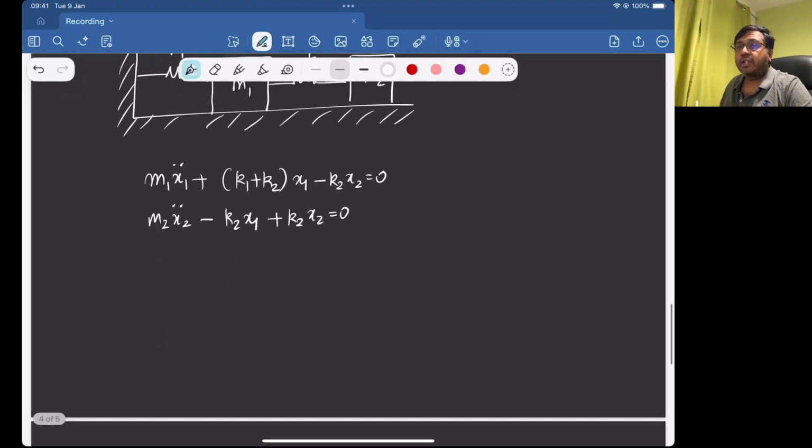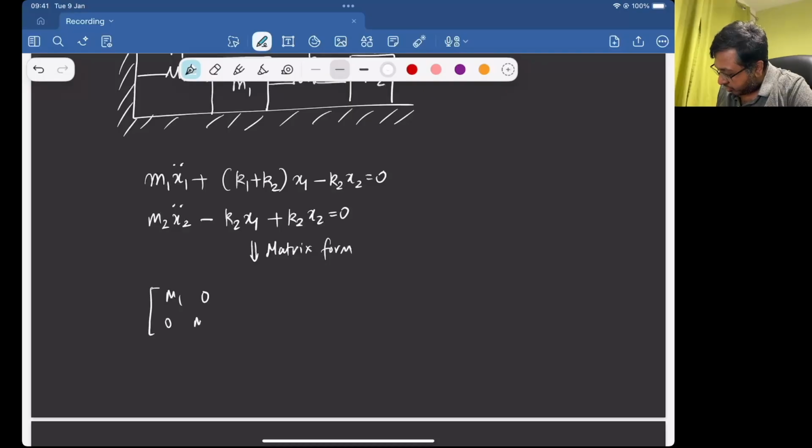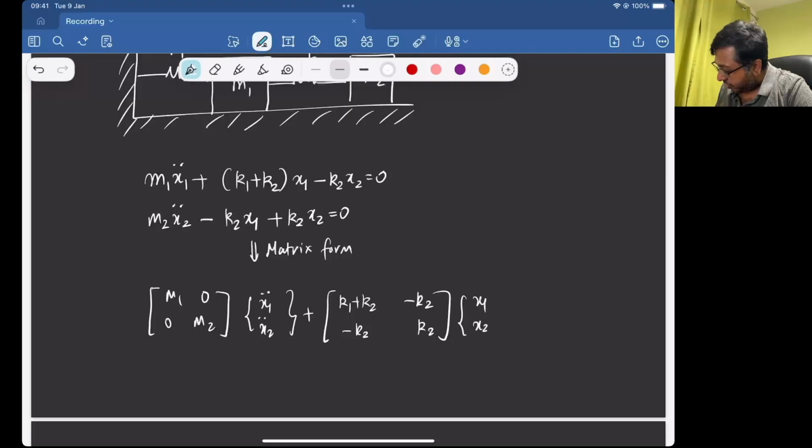Or we recast this into a matrix form: m1, m2 into x1 double dot, x2 double dot, plus the matrix k1 plus k2, minus k2, minus k2, k2 into x1, x2 equal to 0.